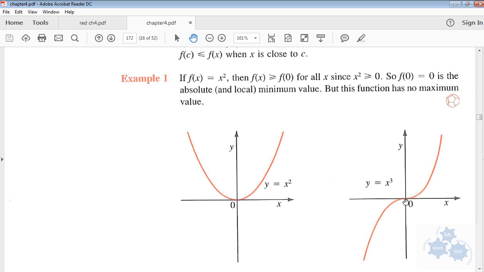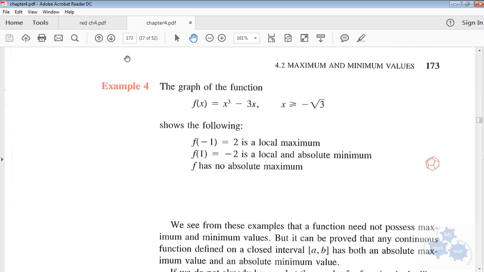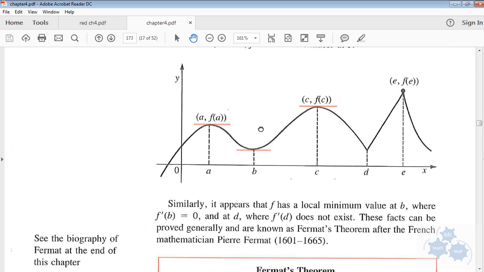Even though it looks like there might be a local maximum here, it doesn't ever turn back around. So there's no local min or max there. These ones here, local max, local min. Endpoints, that's a maximum, but it's not really easy to say what happens with the derivative there.